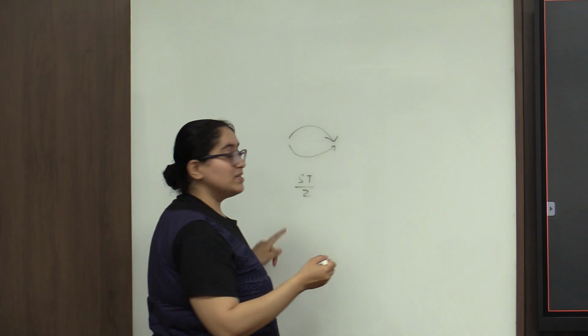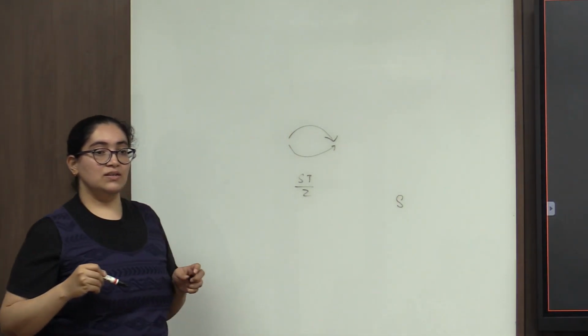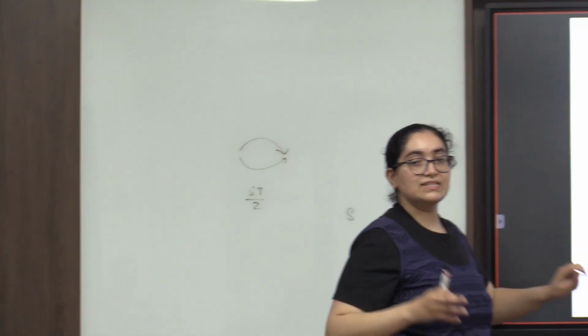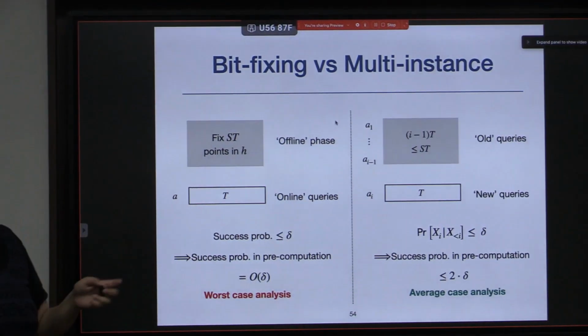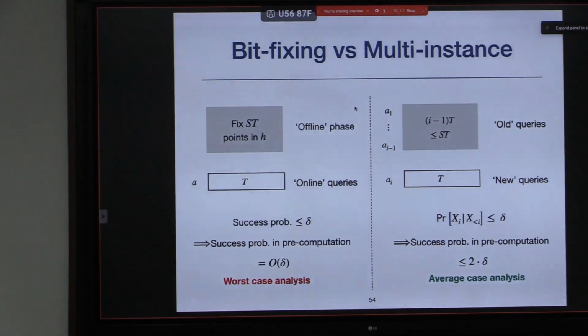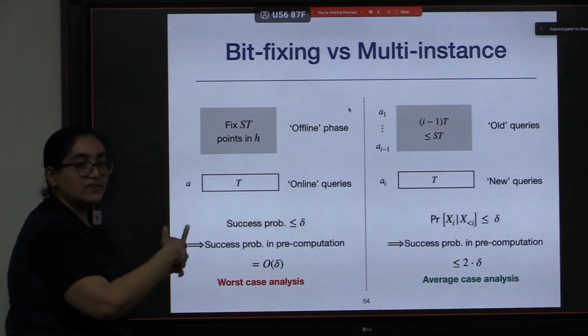We can show that with good probability there will be only S such structures. So basically the difference between the two models is that here there is this worst case analysis that's implicit. In that model we are able to do the average case analysis, which allows us to get better deltas. So these deltas are actually different.